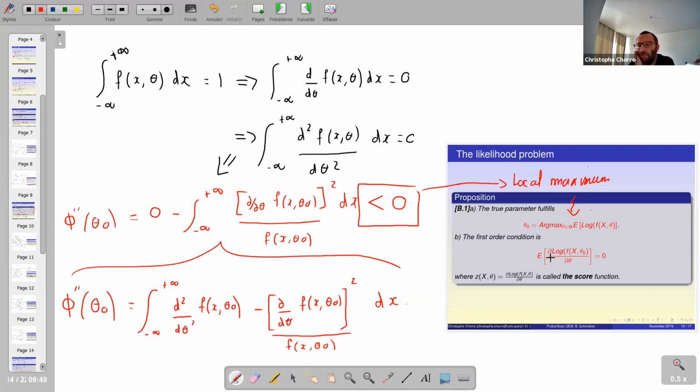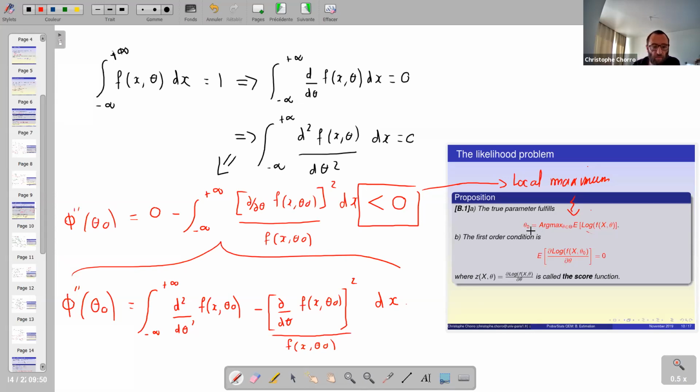The idea will be to approximate this function. If I approximate my objective function by an approximated objective function, and we are going to see how to do this just after, then maybe the maximum of the approximated objective function will be a good approximation of my theta 0, that is the maximum of my real objective function.